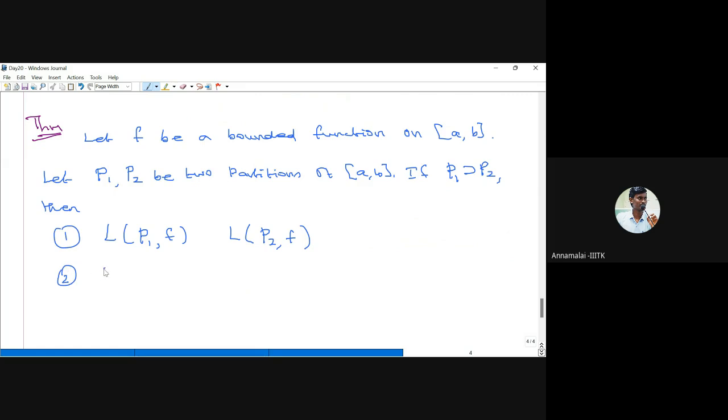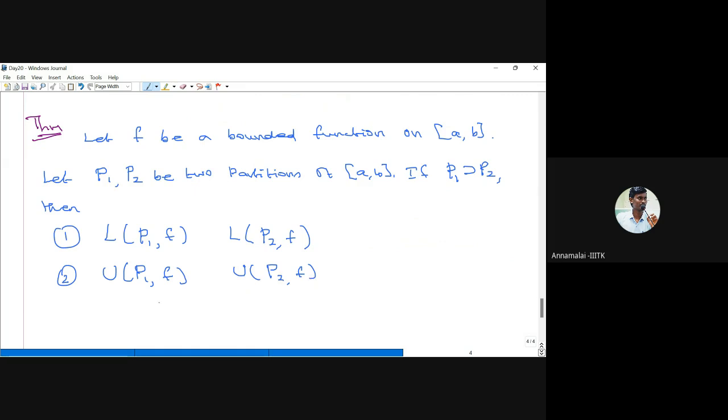And similarly, what is the relation between the upper sum of P1 and the upper sum of P2? I already said that if the number of points increases, the lower sum increases.